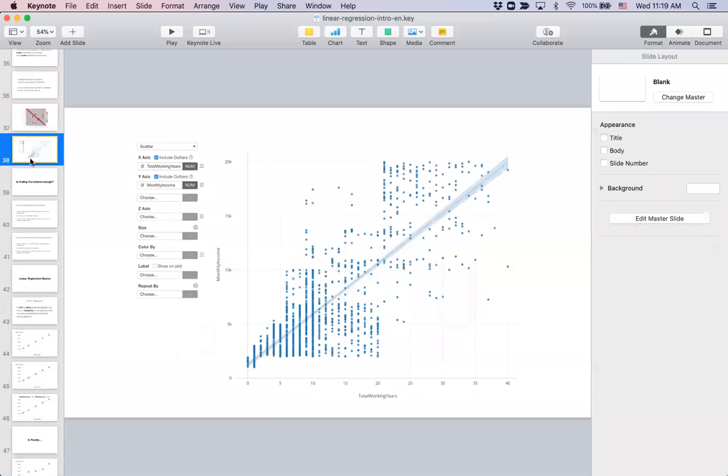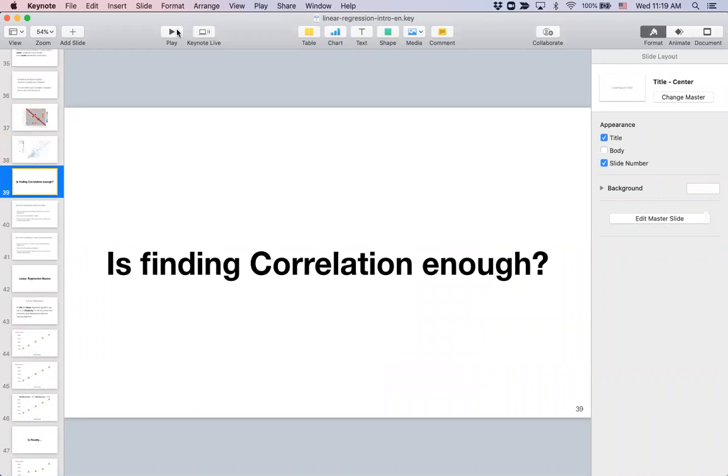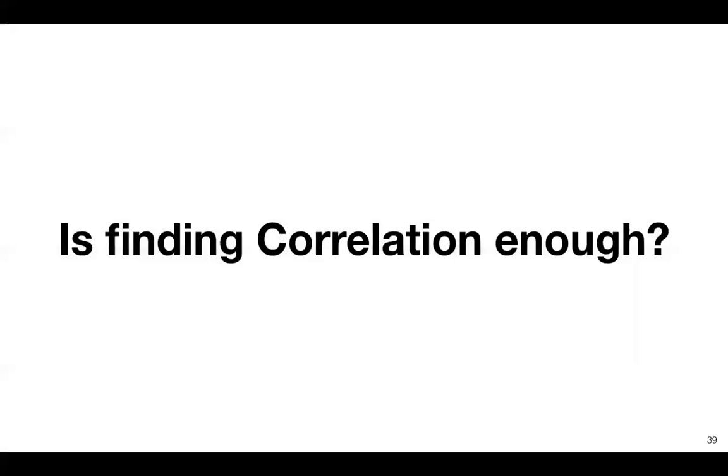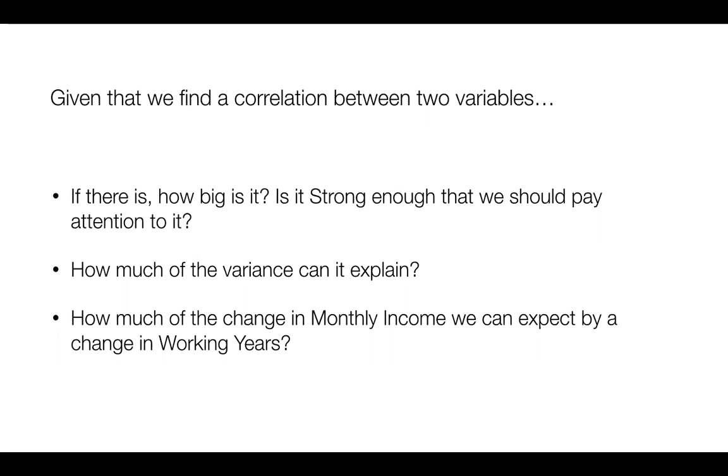Okay, so now, is finding correlation enough? Once we understand it, like 0.77, at the end of the day, what is that going to help me with in getting more insights to answer the question of understanding what the monthly incomes are and how the monthly incomes get decided? So these are 3 questions.